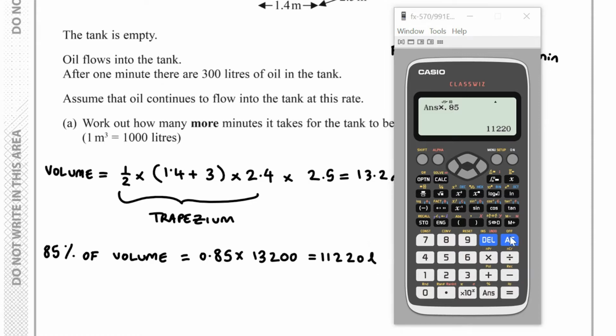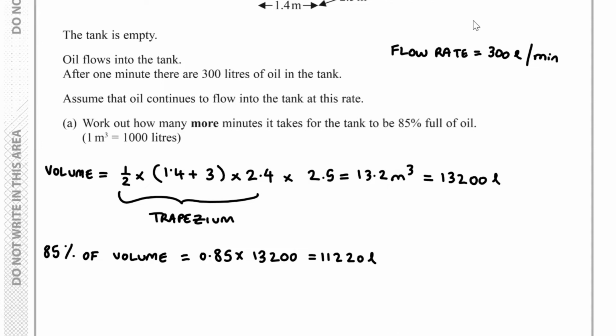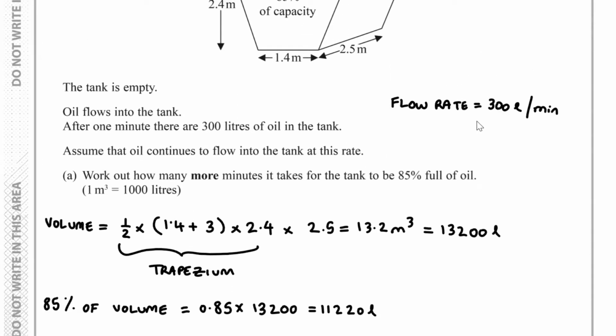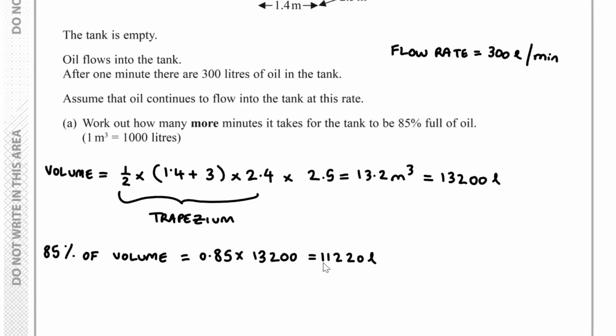11220 liters. And what we're doing in this question is questioning how long it will take to fill this amount of the tank, given that we fill 300 liters every minute.